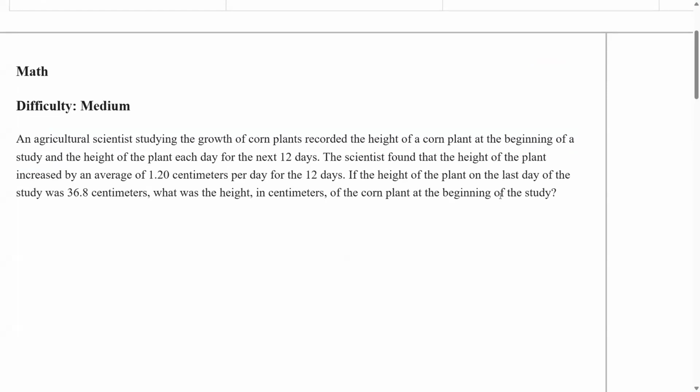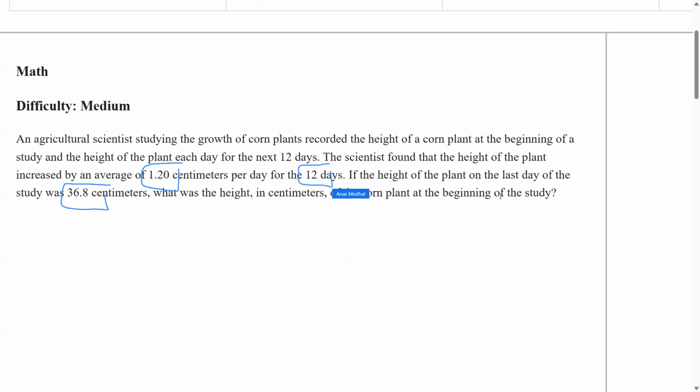Okay, nice question. So it's a linear equation question. You have to get the rate, which is 1.2, and it gives you the final, which is 36.8, and 12 days.